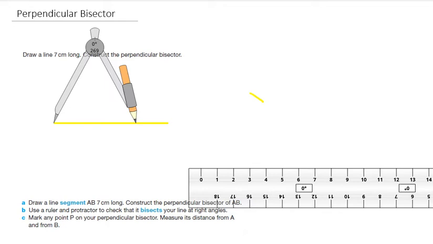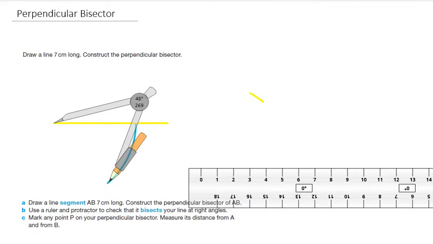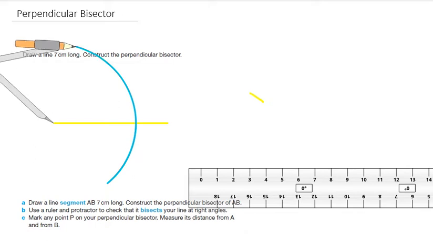So now we are going to use this color over here. Alright, so from this end we are going to draw the arc like this, till this.